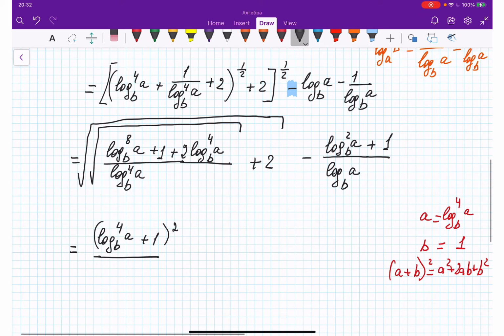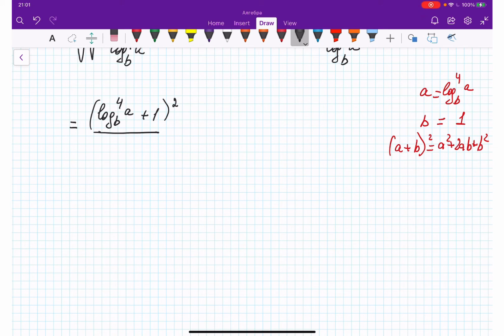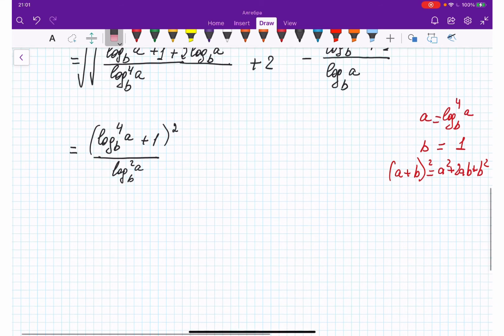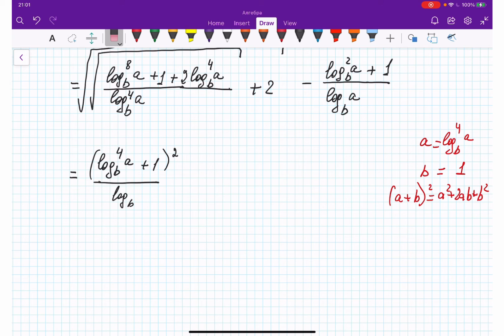and divided by logarithm a by base b squared. No, it's degree 4, I'm sorry.